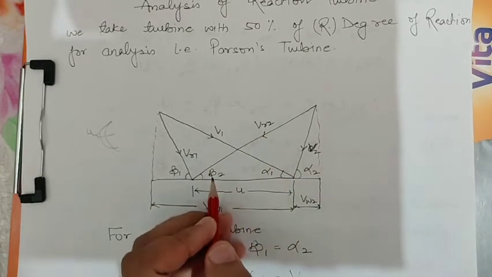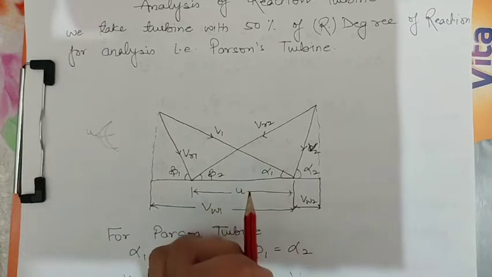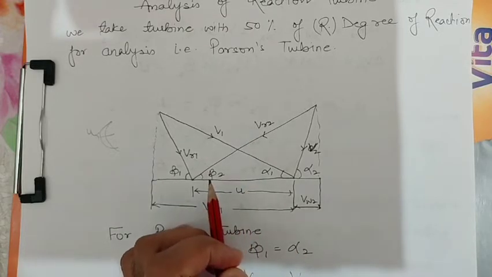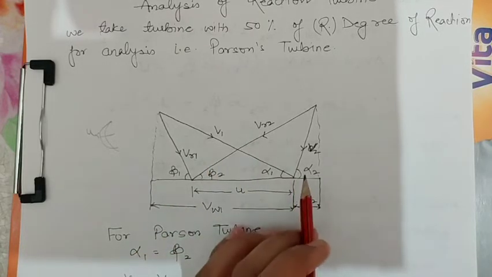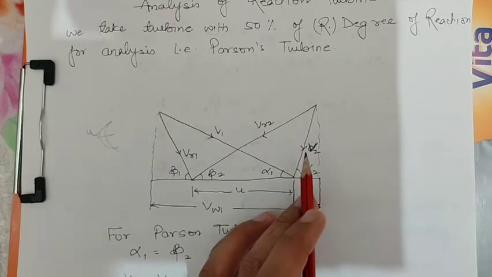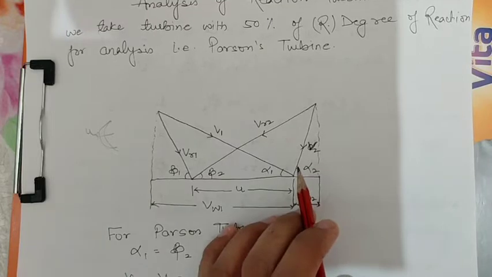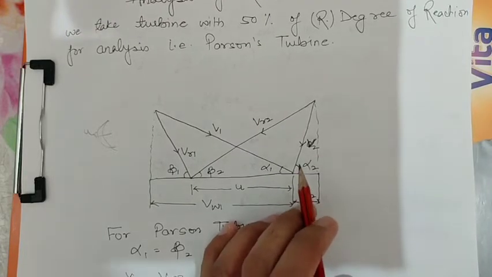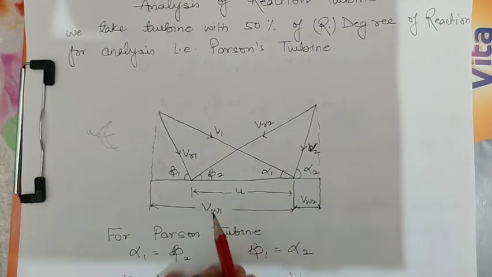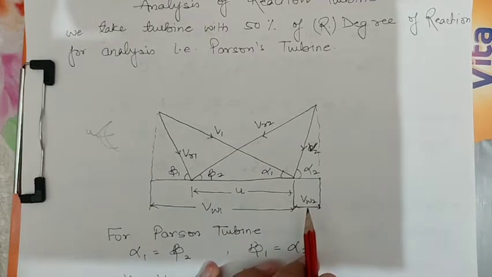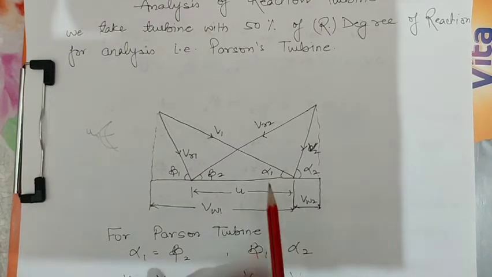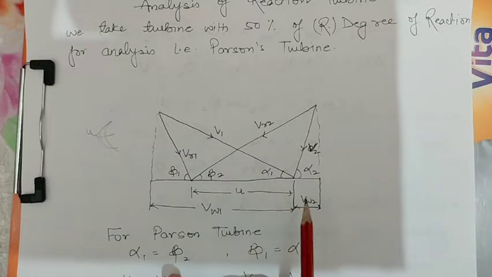The angle between VR2 and U is beta 2, the blade outlet angle, and alpha 2 is the angle between V2 and U. VW1 and VW2 are the tangential components of V1 and V2.